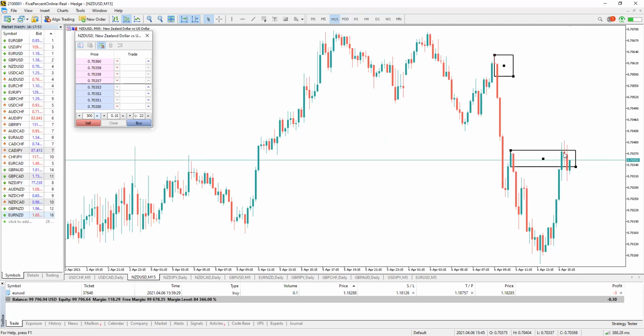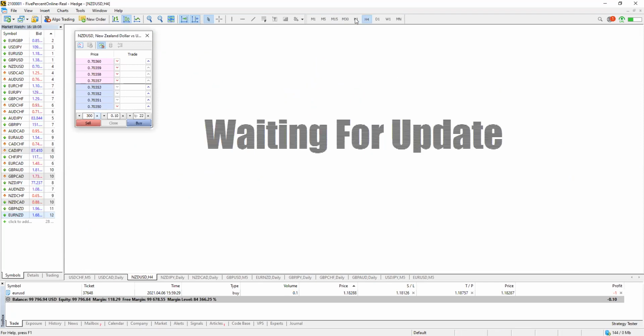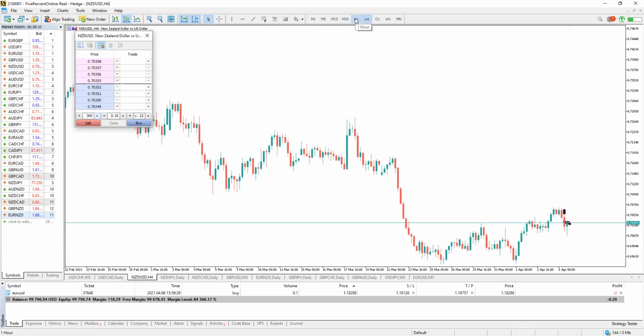So there might be some continuation to the upside. But who knows? This might hold and then the reversal. I don't know. I think I would stay on the sidelines.